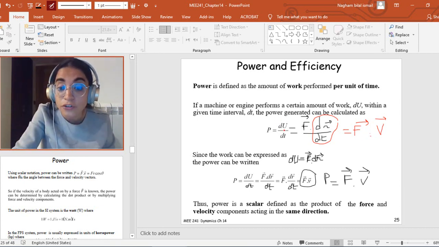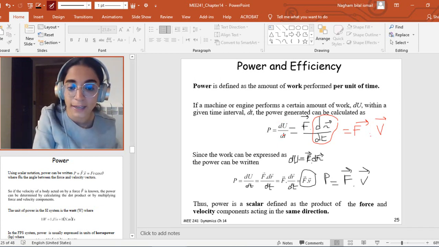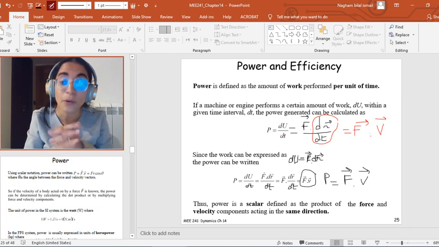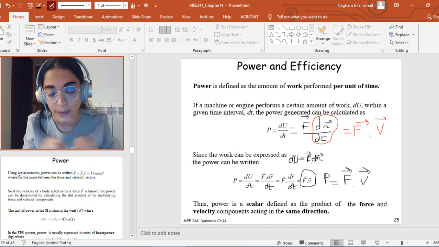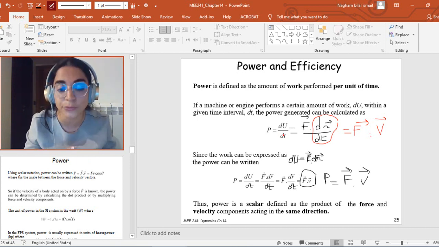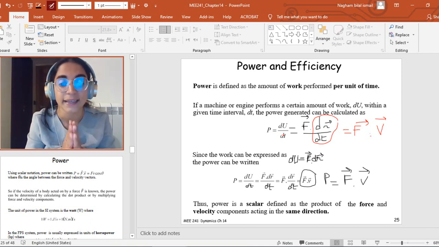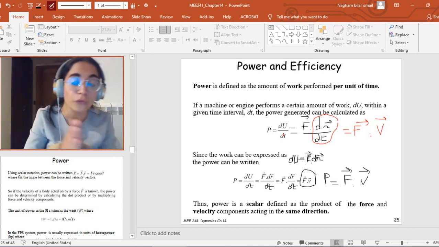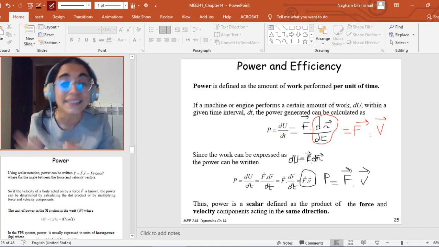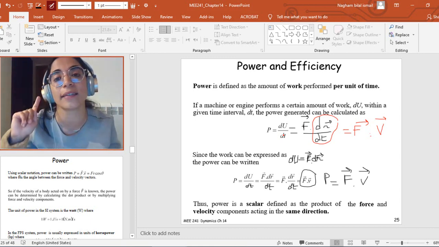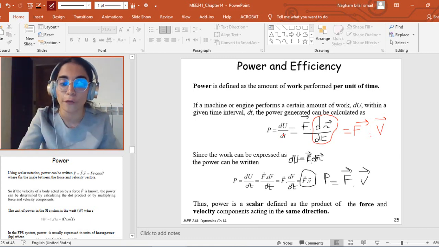If the work of this force is equal to 0 over the time, the power will be equal to 0. So this power is a scalar quantity defined as the dot product of the force and velocity, or the product of the force and the velocity component acting on the same line of action of this force.